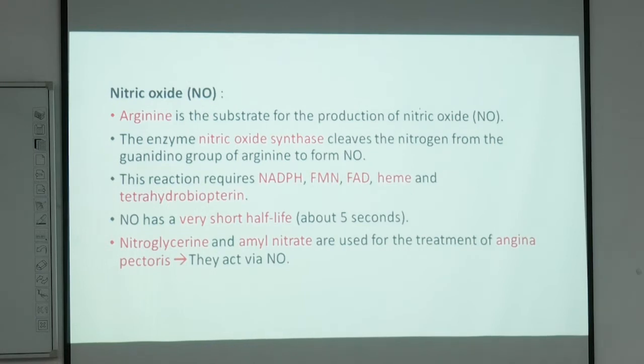So, what is angina pectoris? Chest pain. In angina pectoris, the blood vessels in the heart get constricted, so not a lot of the blood required by the heart is delivered. That's why the patient feels pain.